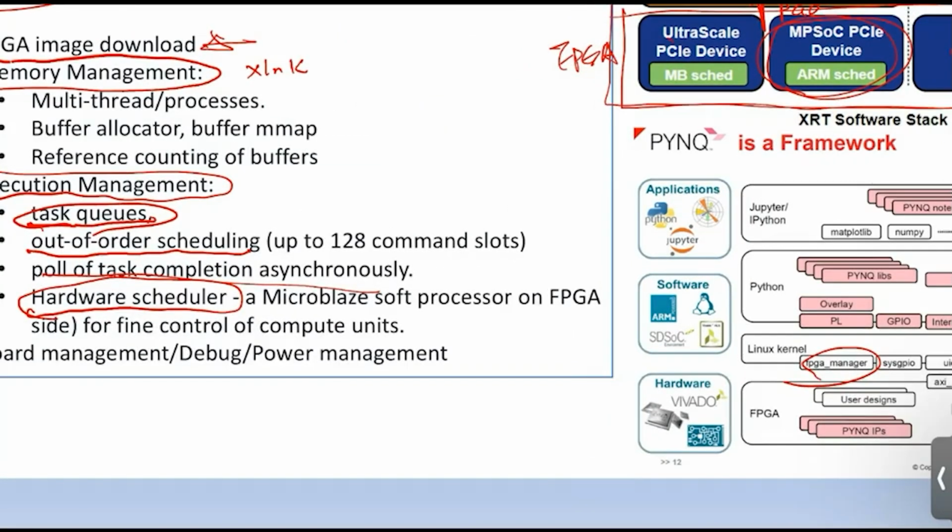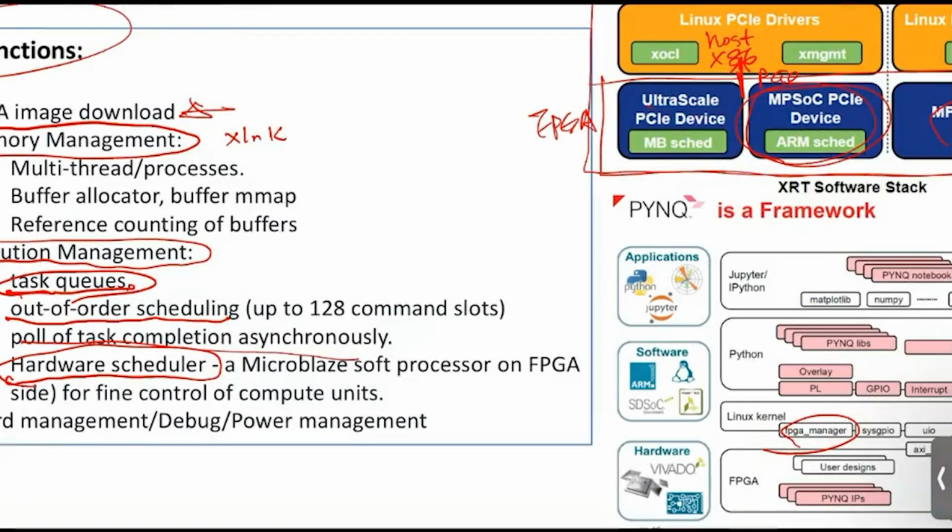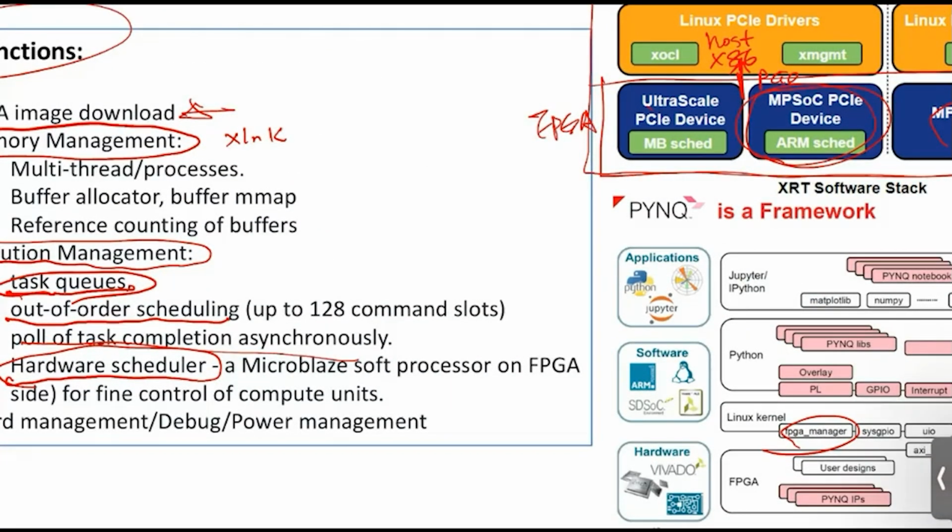And for XRT, you don't really need to look at the kernel function configuration register signals. Using the API, they provide the enqueue task and other APIs to manipulate the kernel executions.